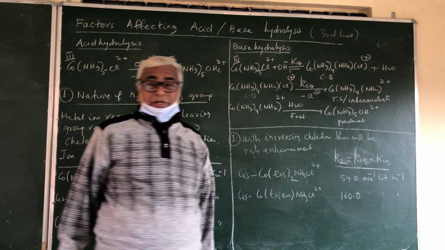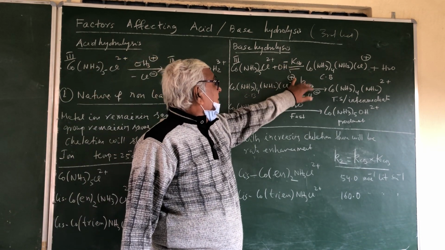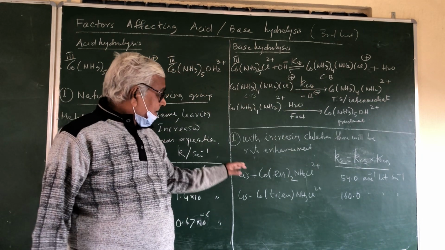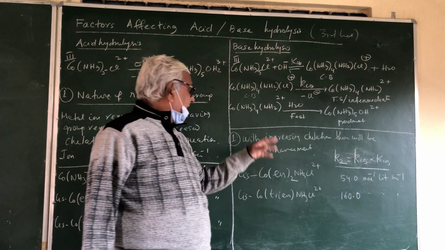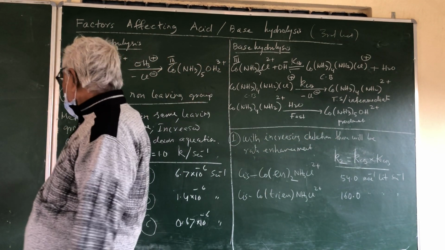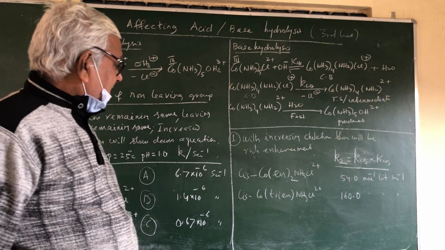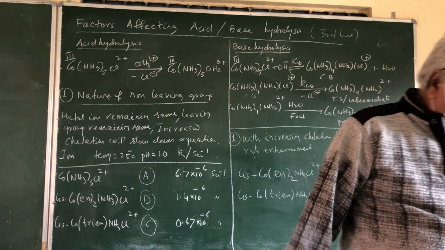The rate depends on this Kcb term and this equilibrium constant term. These two terms are important in base hydrolysis. Therefore, with increasing chelation there will be rate enhancement. Here, with increasing chelation, there is rate retardation, but in base hydrolysis, increased chelation will increase the rate of the reaction.